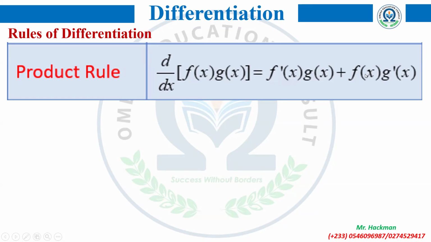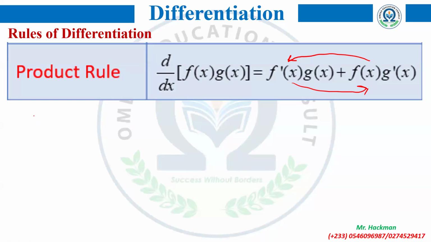But because multiplication is commutative, I said it this way, and in some books you see it like that too. So I said, hold the first function, differentiate the second function, come and hold the second function and differentiate the first function. It is the same.